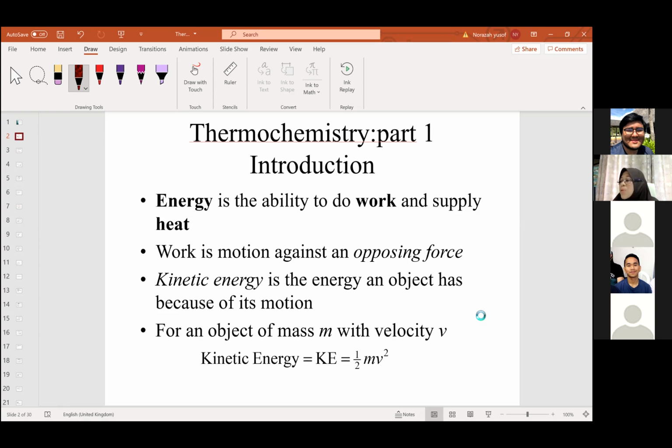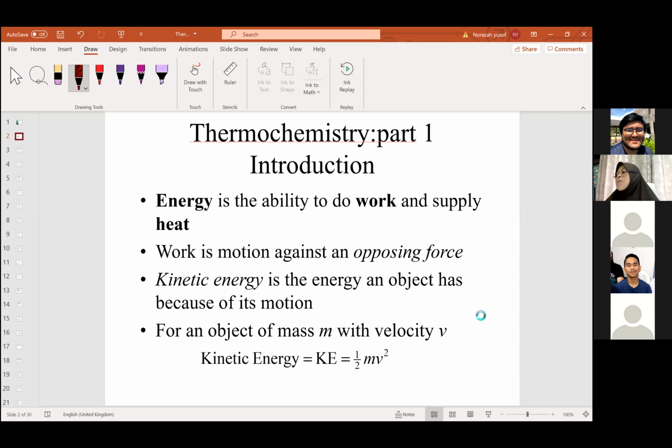Now, work is motion against an opposing force. This is just to define what work is. Work is motion, meaning that something is moving, expanding, or being suppressed. Work is dynamic. It can be expanding, it can be suppressing, or it might be contracting.